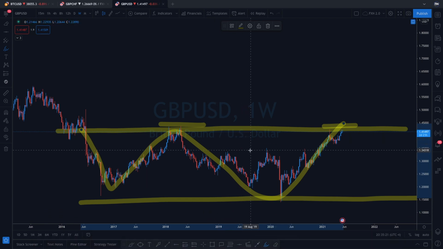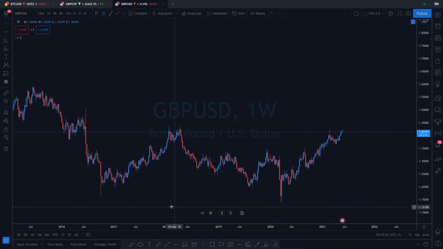So you've got to think about what's the area that I'm looking at for price action to form some type of reversal. This is probably going to be somewhere around 144 to 142, if we're looking at these numbers on the side. So from 144, which is basically the highs of these peaks here, to the bottom of the bodies here, which is about 142 or so. So there's that range there.